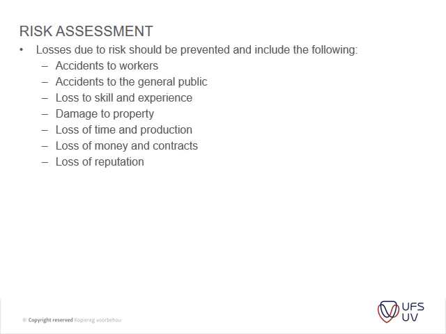Okay, then going to the risk assessments. There's certain items that you need to look at. Losses due to risk should be prevented and include the following: accidents to workers, accidents to the general public, loss of skill and experience, damage to property, loss of time and production, loss of money and contracts, and loss of your reputation and thus future business.